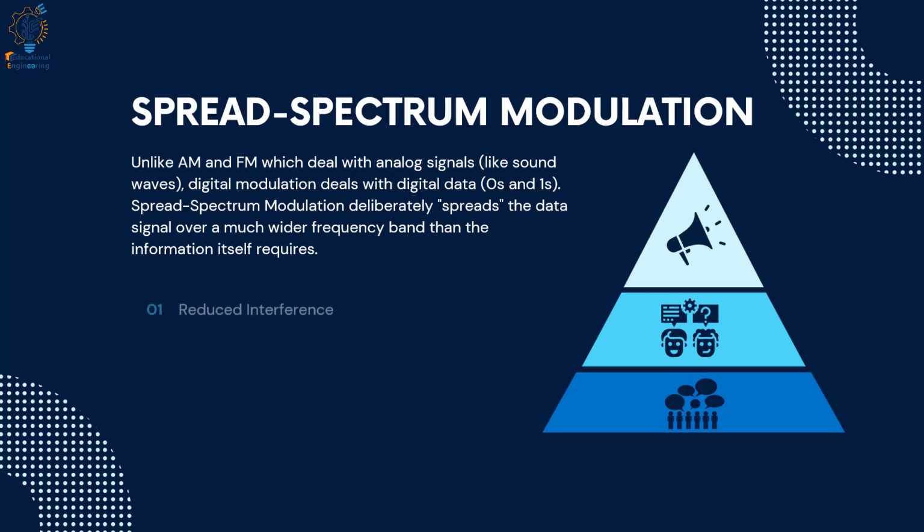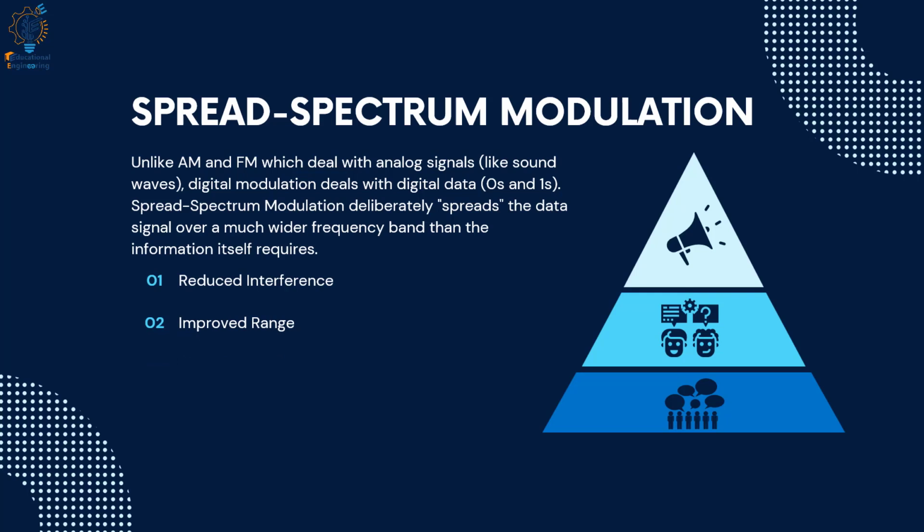First is the reduced interference. In crowded environments with lots of wireless signals, spread spectrum makes it harder for other signals to interfere with your data. It's like hiding your message amongst a bunch of background noise.